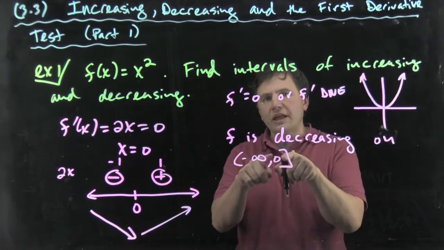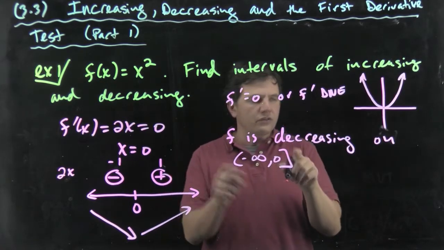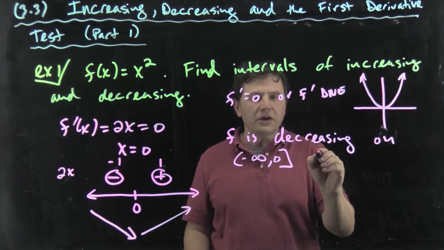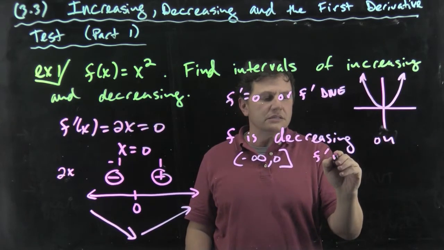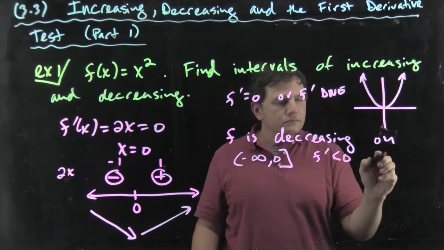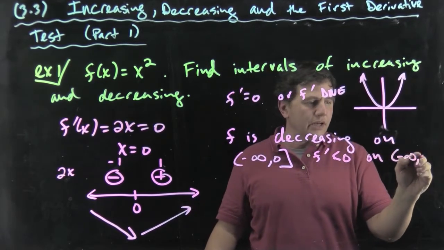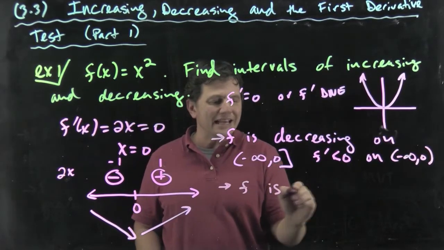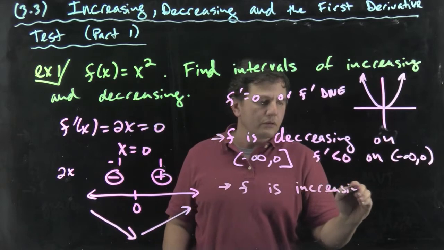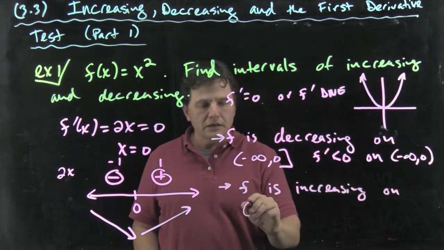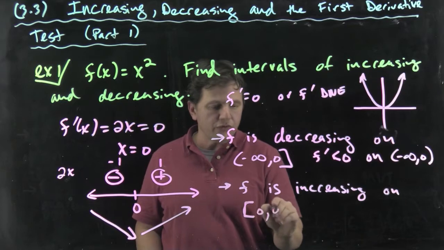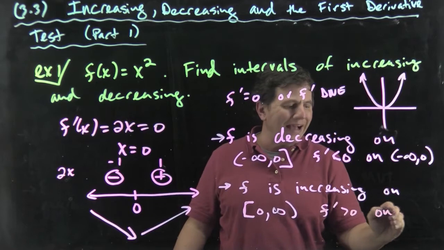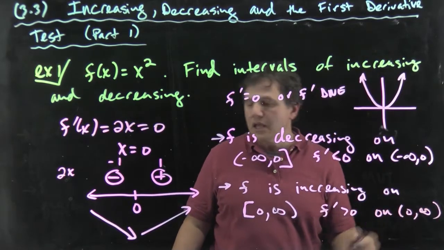Quite often we go with the weaker statement, which means the open intervals, but I want to talk about this a little bit. f is decreasing on -infinity to 0, and that is because f prime is less than 0 on -infinity to 0. And we would say that f is increasing on, once again, we'll go with the stronger statement, 0 to infinity, and that is because f prime is greater than 0 on 0 to infinity.